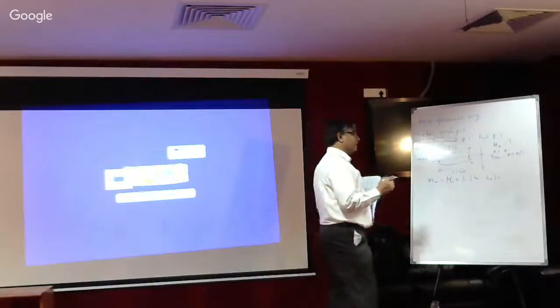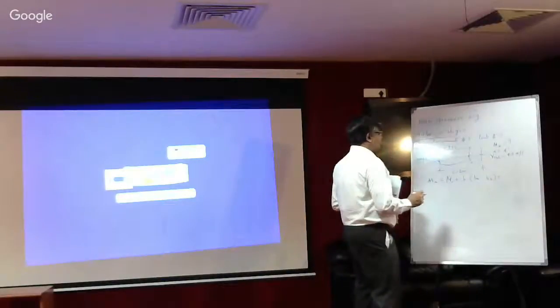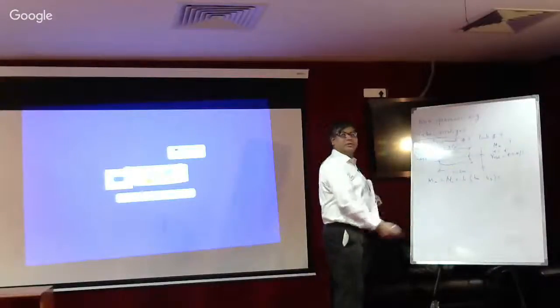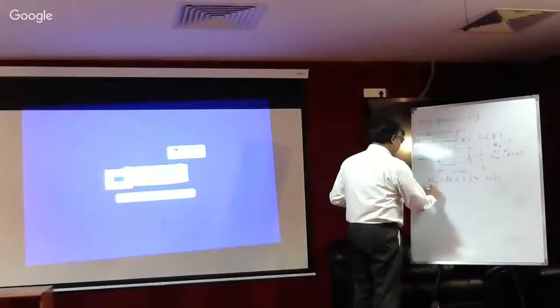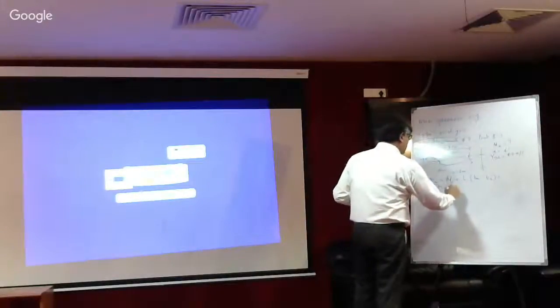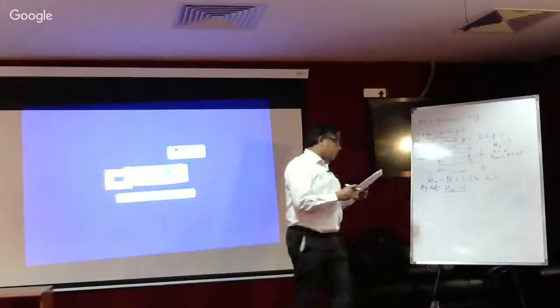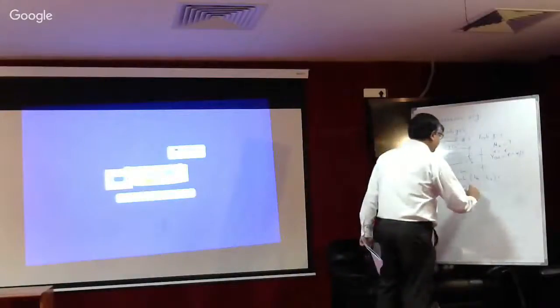So by definition, can you see if I write at the bottom, by definition, we know that the moment at the center of pressure is 0. Okay. Also, we have a symmetric airfoil.